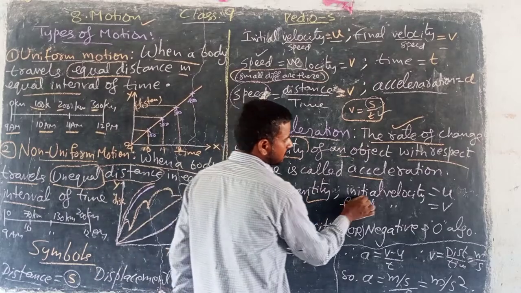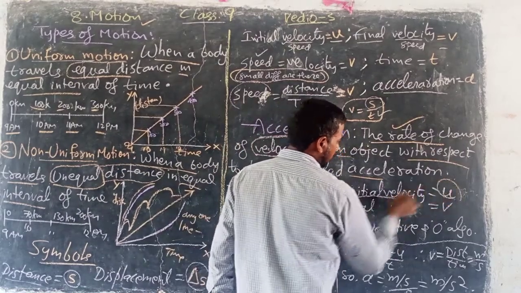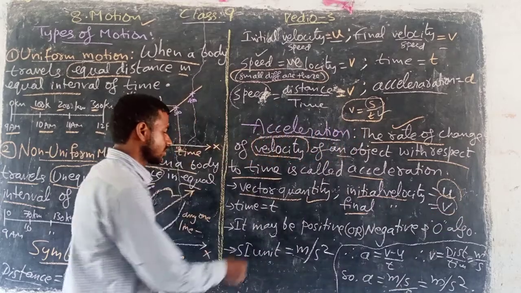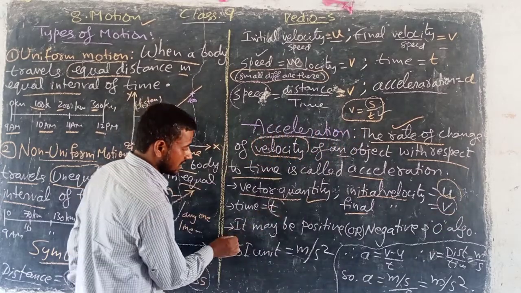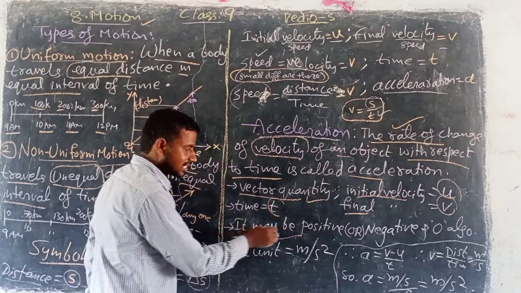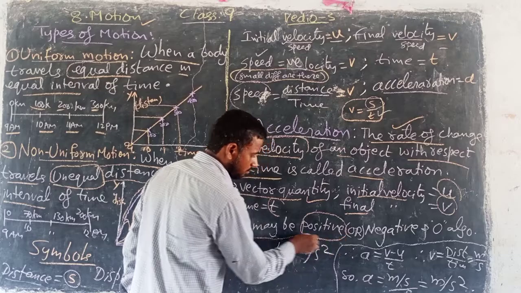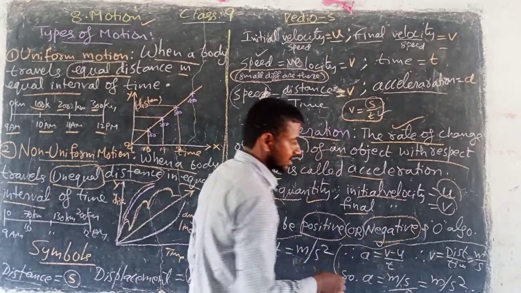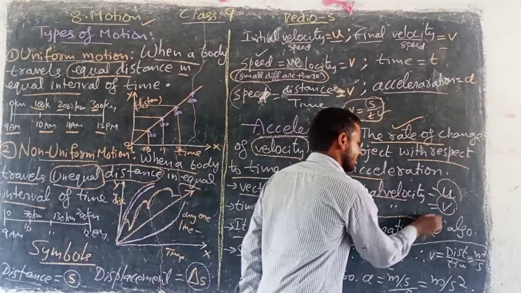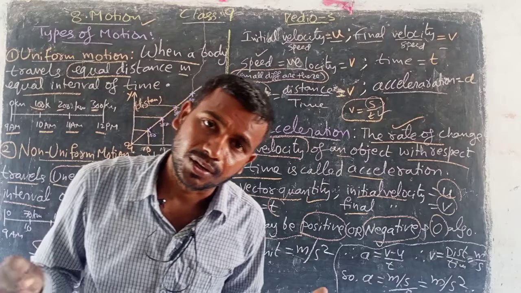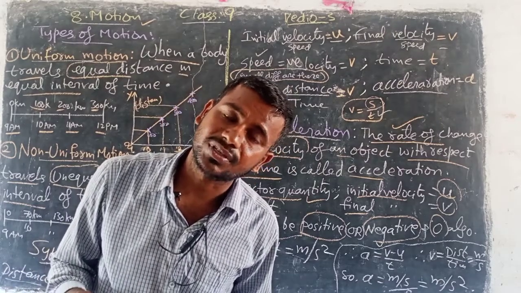And in acceleration, initial velocity is u, final velocity is v, and time is small t. Acceleration may be positive, acceleration may be negative, acceleration may be zero.